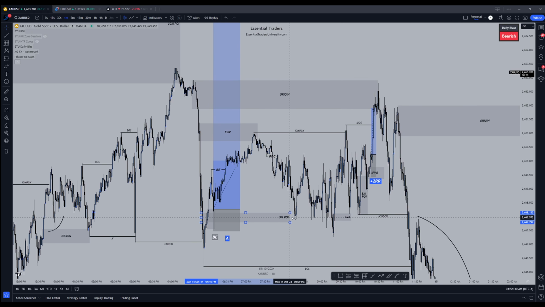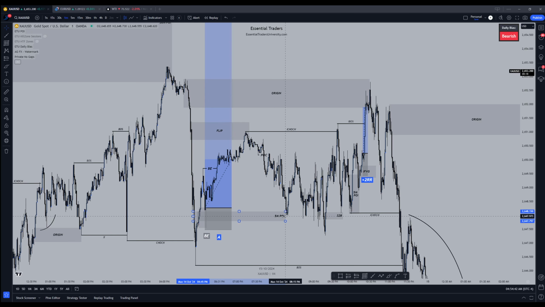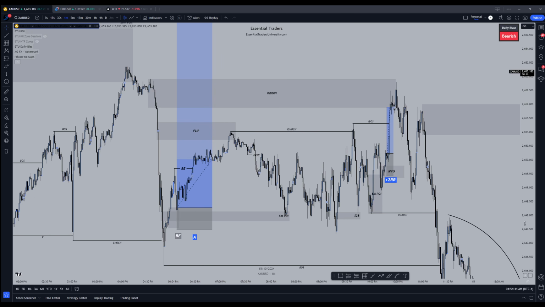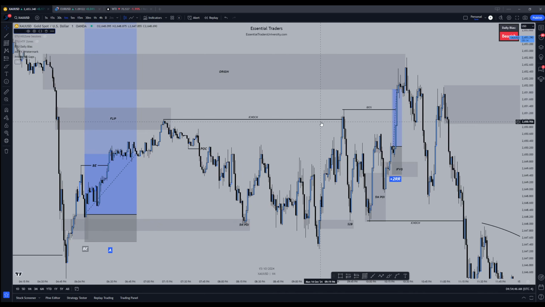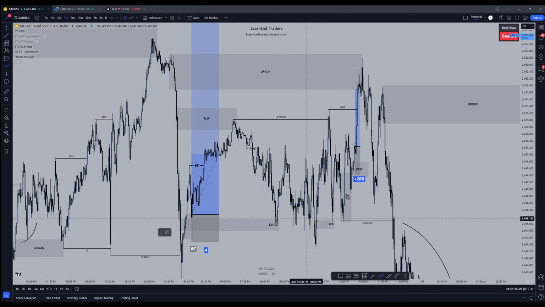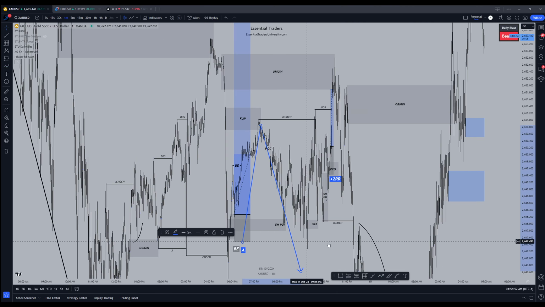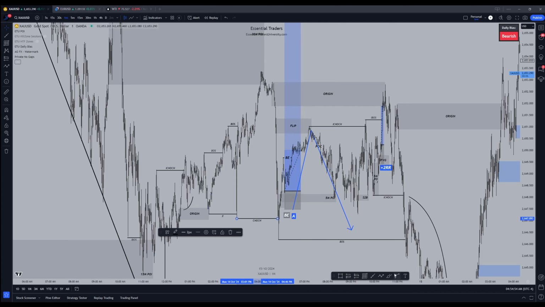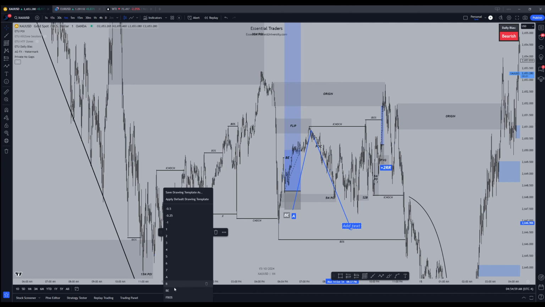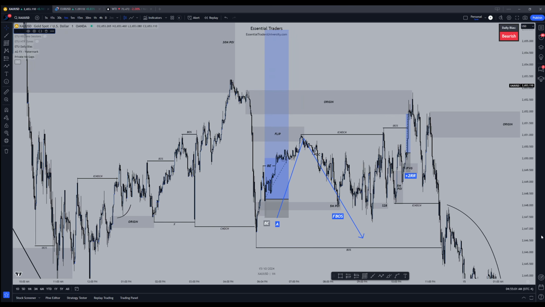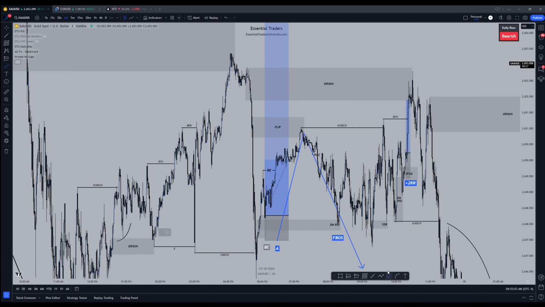Now what happened here, we had a 5-minute POI. Remember, cycle through your time frames while you're trading. Internal change in character here to the upside because we failed to put in a new low after making a change in character. We should be making a break structure here, but we did a failed break structure here. And some people would say, how is this a failed break structure if we haven't tapped into the origin yet? This is just a failed break structure for this leg here. That's all it means.